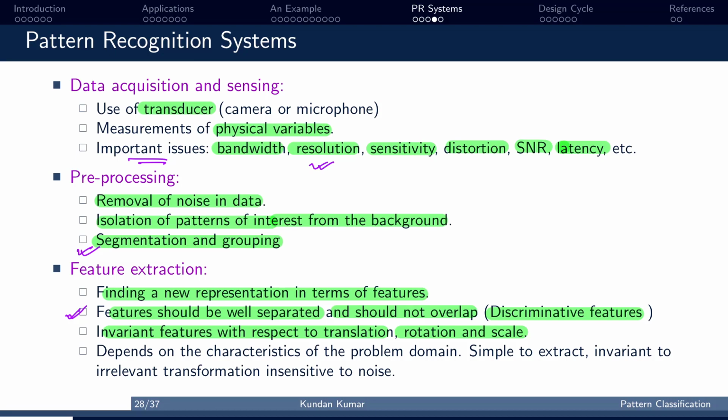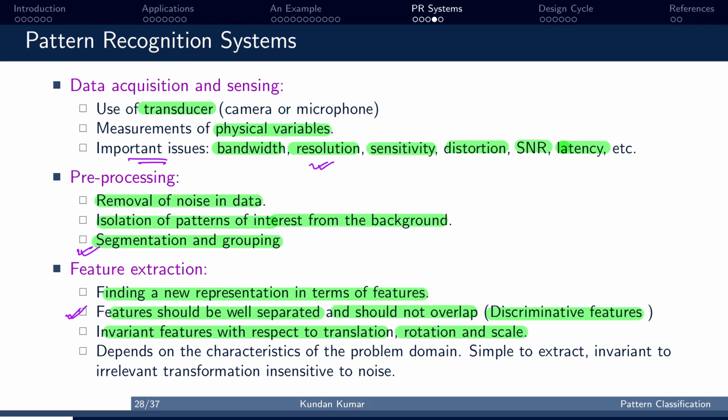Because we have just moved the object, it is translated, but the object is not changed. So whatever features we are extracting from that object should be the same at this place and at the replaced place. Similarly for rotation and scale.